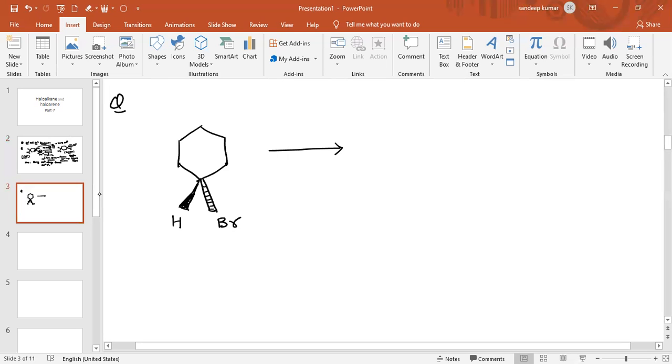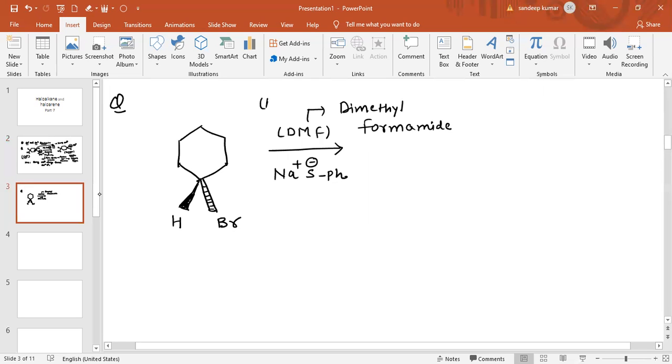The reaction takes place in the presence of Na plus and S minus attached with Ph, and the reaction occurs in the presence of DMF. What is DMF? DMF is dimethylformamide, and we know DMF is a polar aprotic solvent.